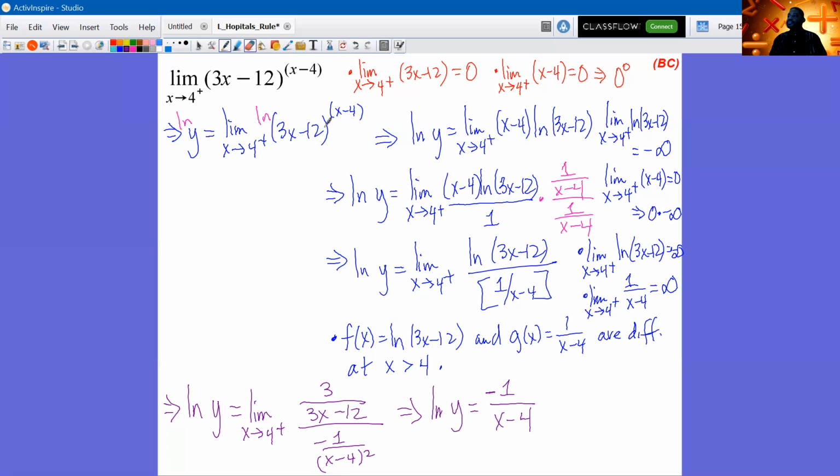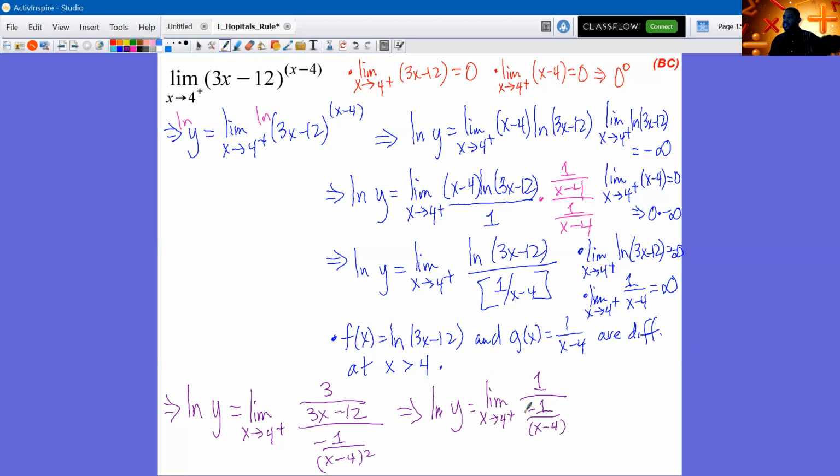I'm sorry. That's going to give me 1 over negative 1 over x minus 4. And so when I plug in, and I got to write my limits, so this will give me 1 over negative 1 over x minus 4.